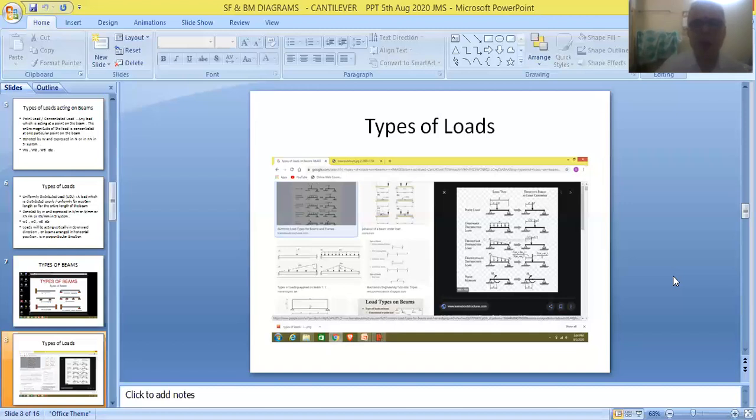Here the point load is acting at the center of the beam, and here the UDL is acting for the entire length of the beam. Depending upon the data given in the problem, we should be in a position to construct loading diagrams correctly.